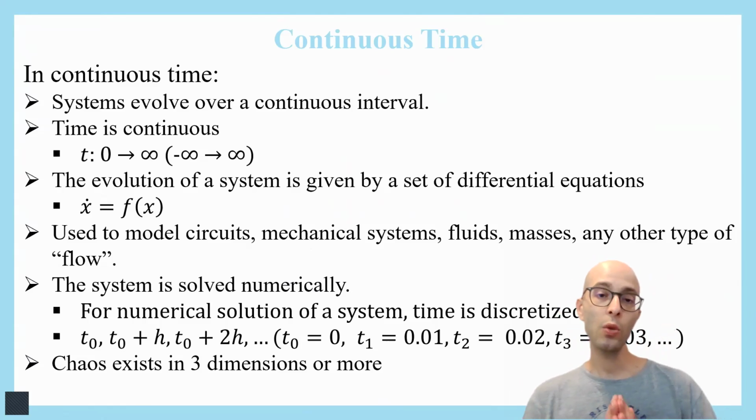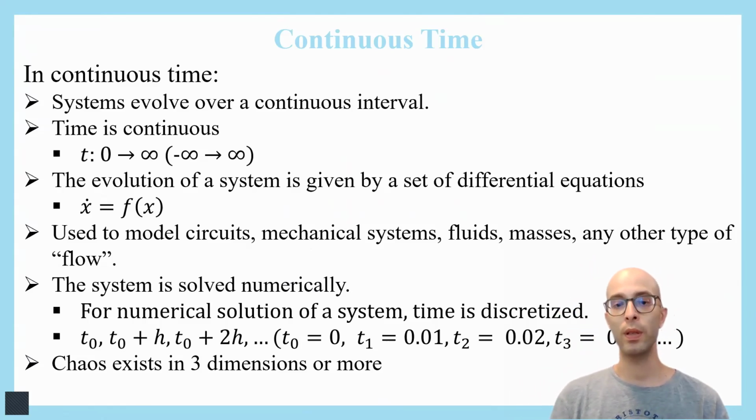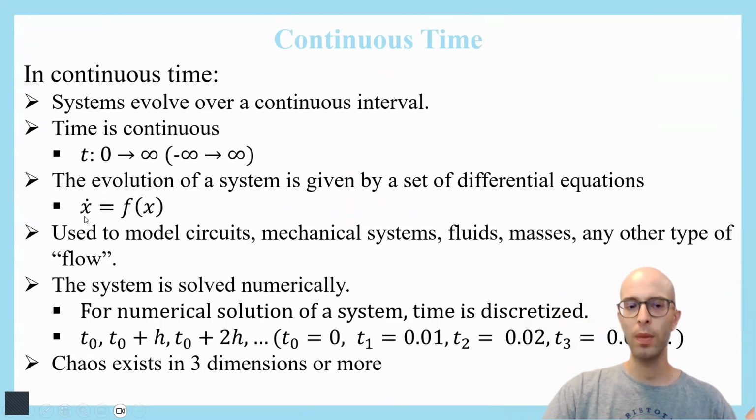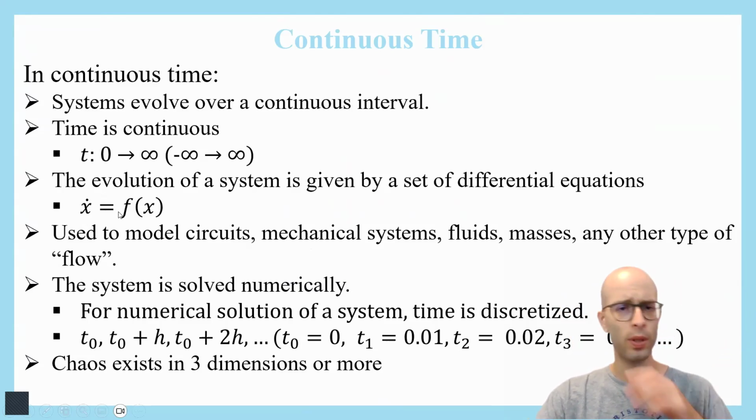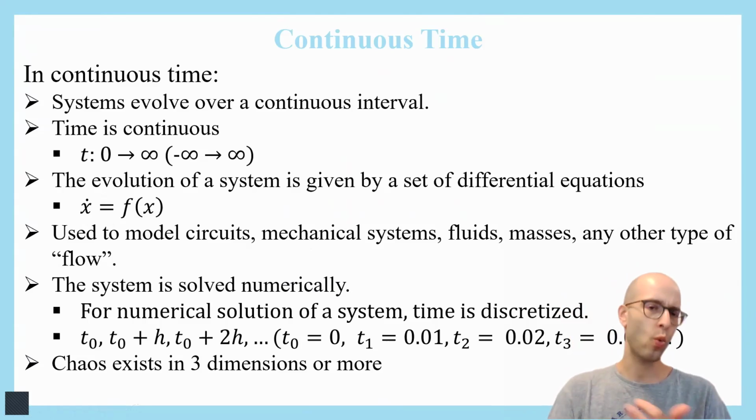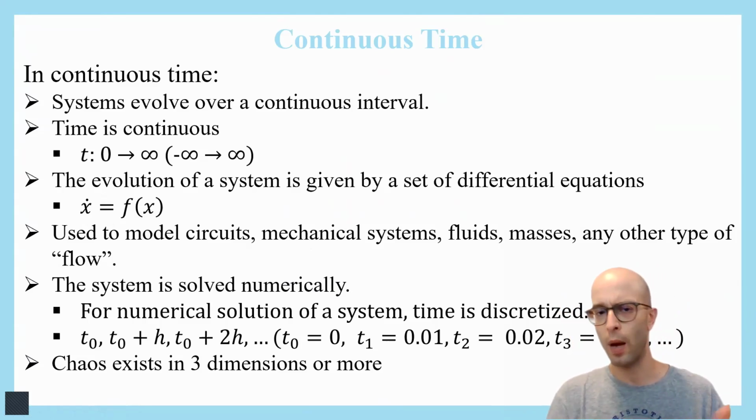Since we have continuous time, the evolution of this system is described by a set of differential equations. So we have x dot, the derivative of the state, equal to some function f of x. And x, of course, is a state vector, so it's not just one state. We may have x1, x2, x3, x4, and so on, however many states the system has.